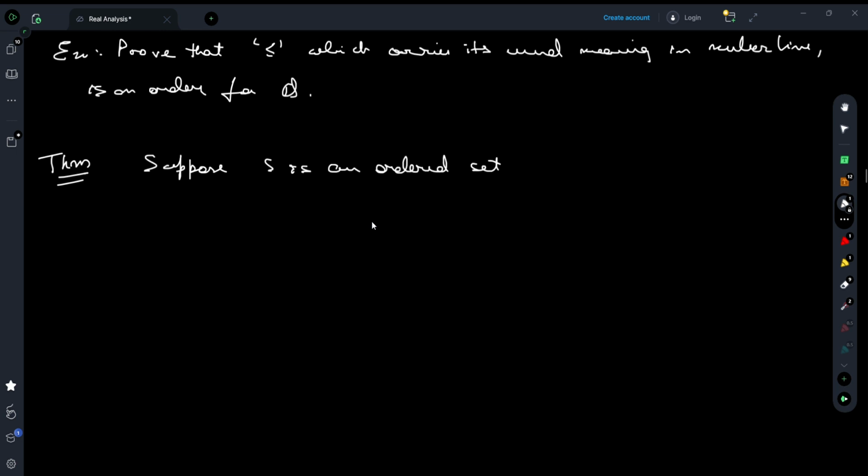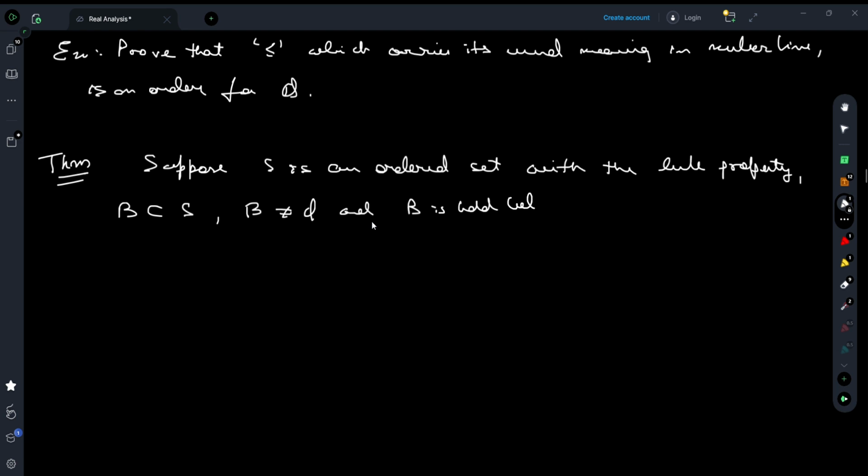So the theorem says that suppose S is an ordered set with the least upper bound property. B is contained in S, B is non-empty, and B is bounded below.